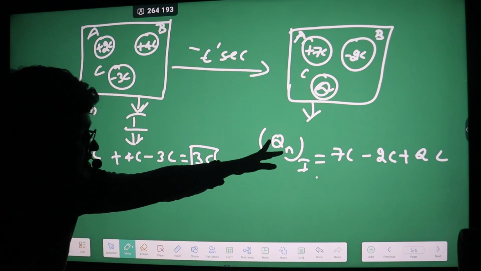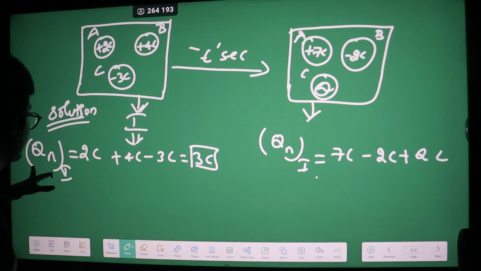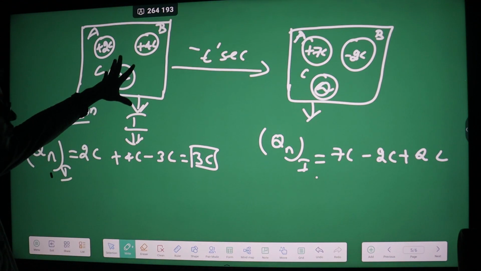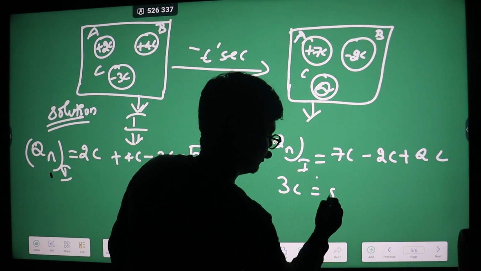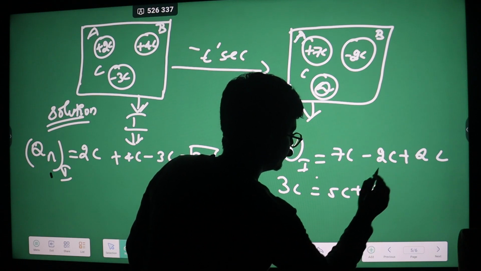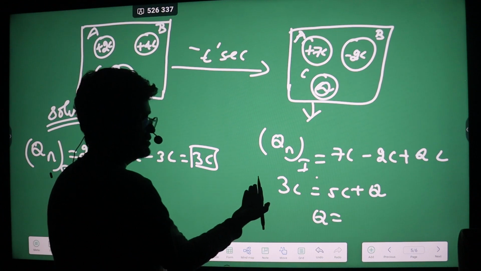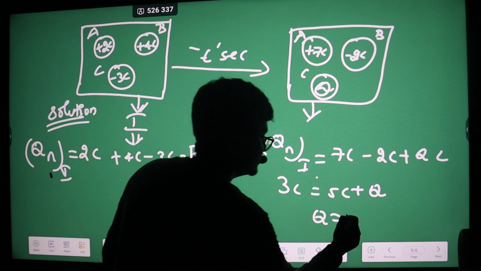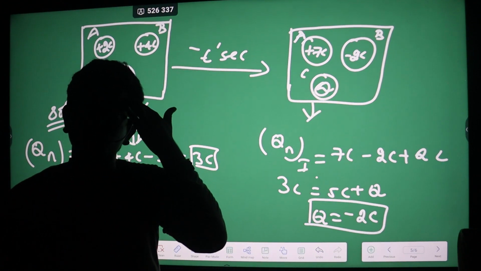I know the net charge of an isolated system always remains the same. Therefore, the net charge of the first isolated system is 3 coulomb. So 3 coulomb is equal to 5 coulomb plus Q. Q is equal to 3 minus 5, that is minus 2 coulomb. That means body C has a charge of minus 2 coulomb.